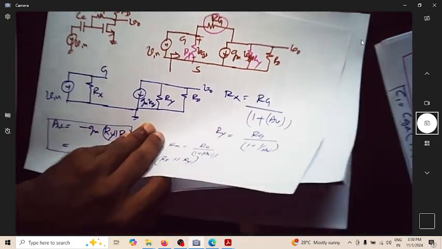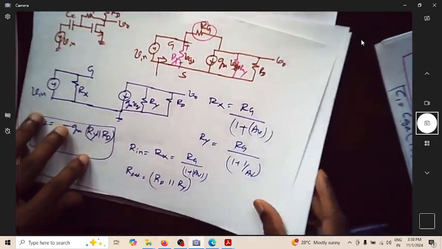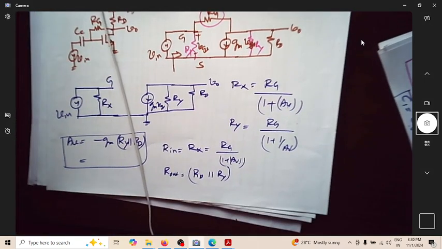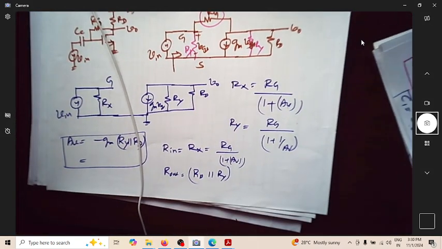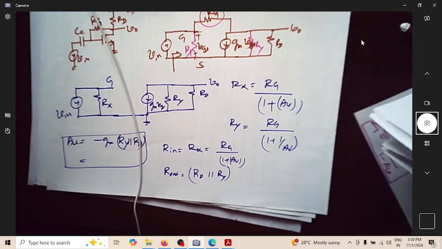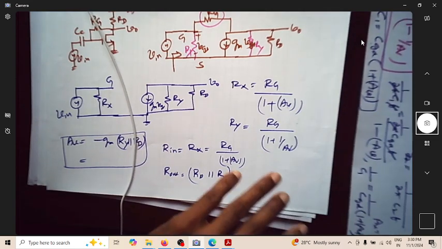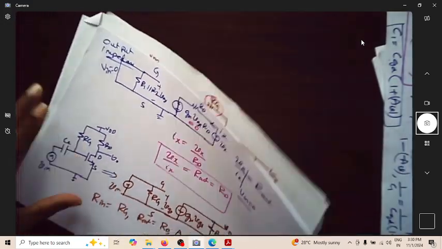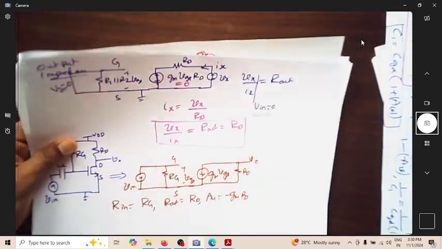Coming to what should be the value of input and output impedances, it certainly depends on the circuit. Let me take up that example and try to find out the input and output impedance of the amplifier. For which I should know, where is that sheet?